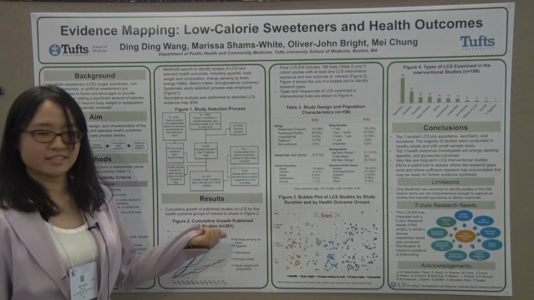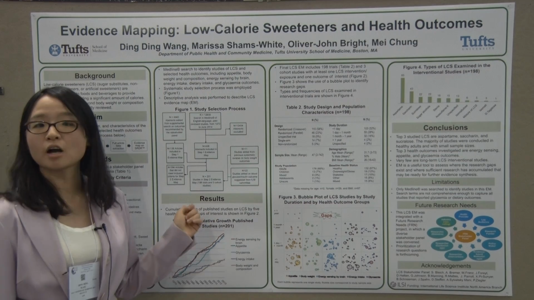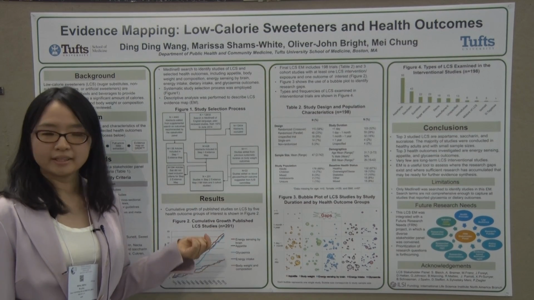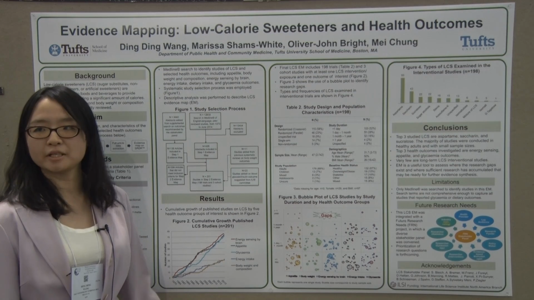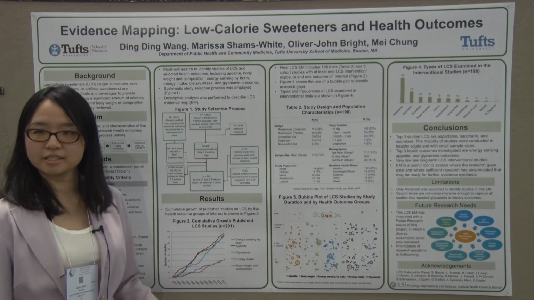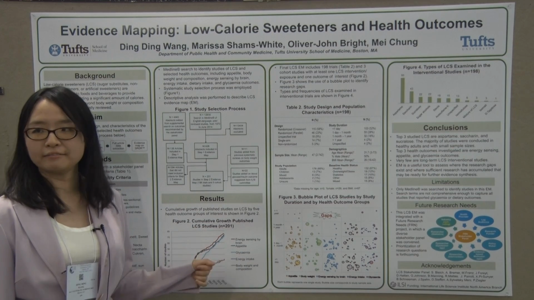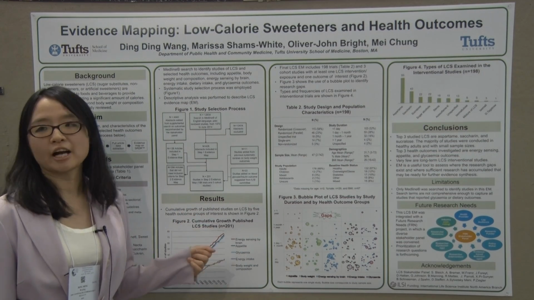So the take-home message is that evidence mapping is a cost-effective method to identify and summarize a large pool of published studies, and it could also be combined with a future research needs process to identify gaps as well as inform future directions.